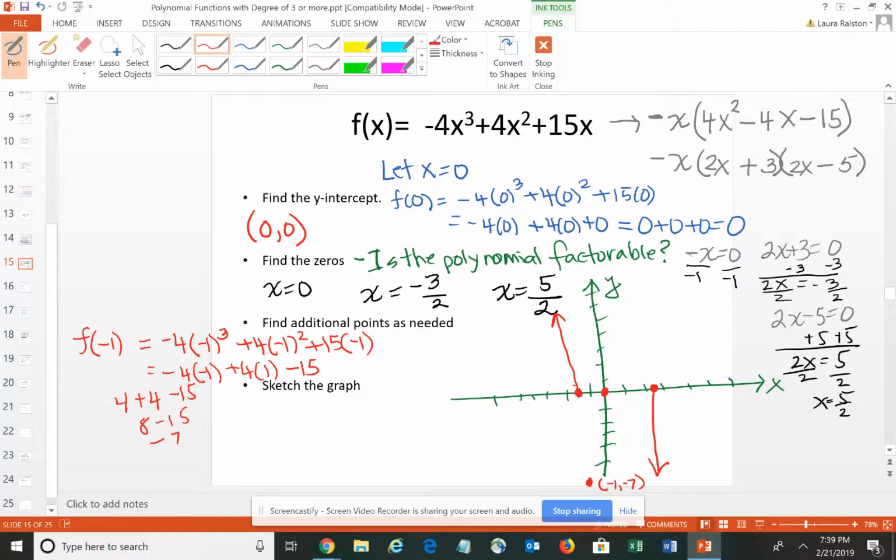So I know I'm going to come down to this point. At some point, I've got to curve back up because I had to go up here and hit my 0. And then I need to figure out what's going to happen between 0 and 2 1/2. So I'm going to figure another point with plugging and chugging. And I want to pick something easy, so I'm probably just going to pick 1 again.